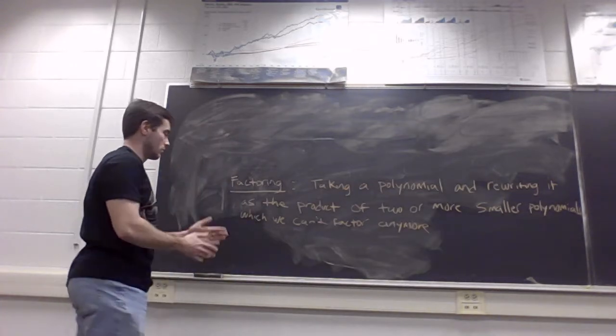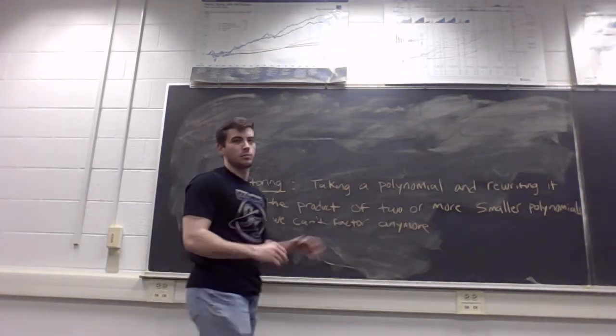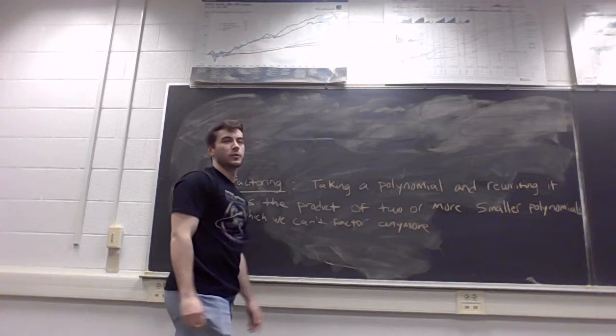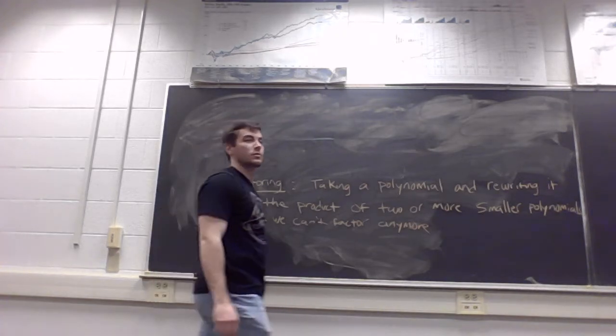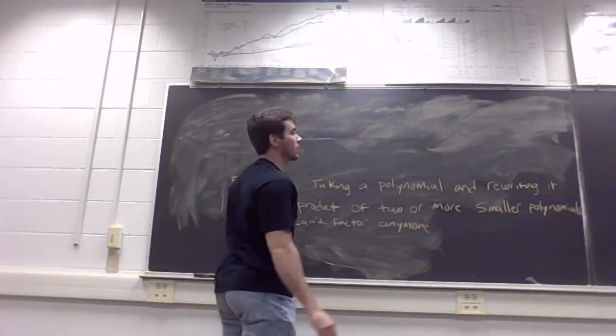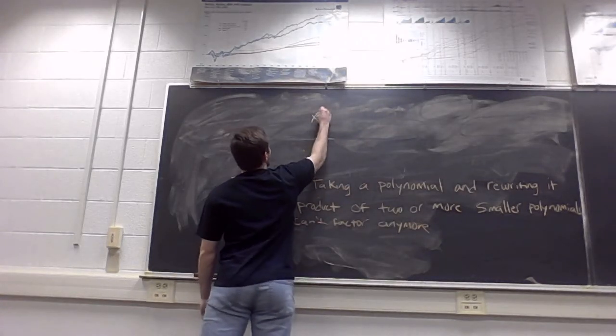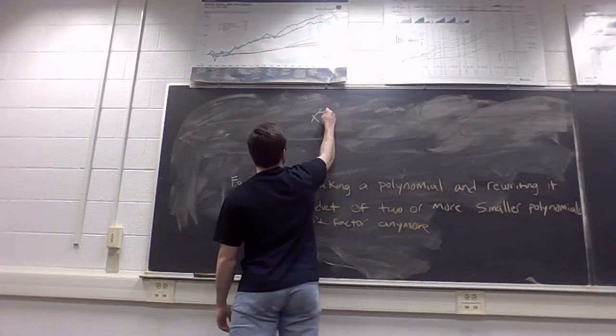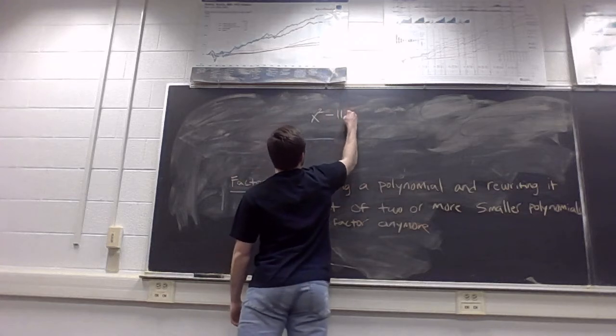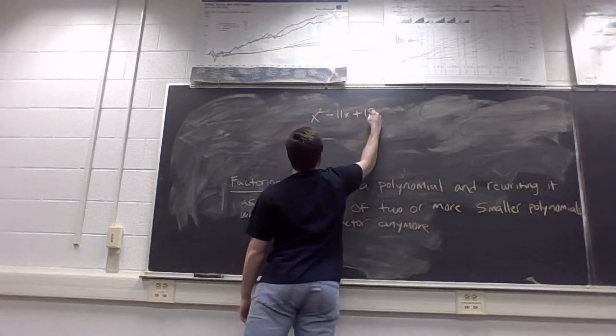Now I'm going to give you a situation. You're going to determine whether it's an example or non-example, based off of what we've seen so far. So we'll have x squared minus 11x plus 18.